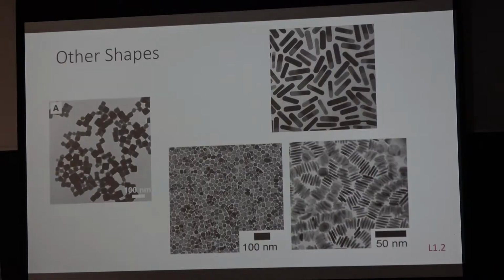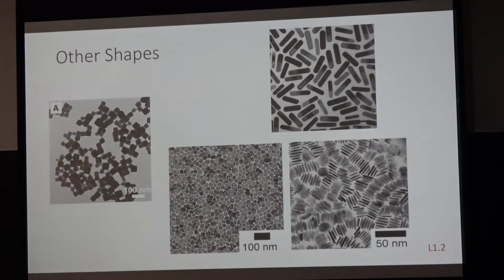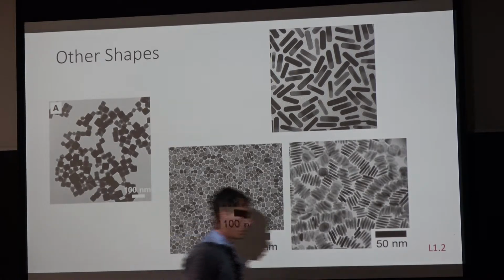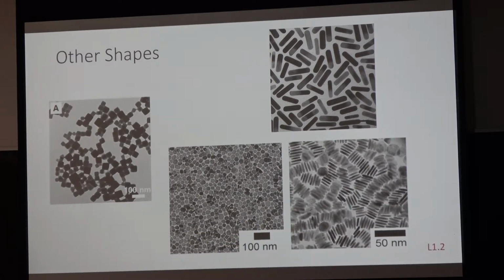So what about some of these other systems, right? What if we had a square or a cube or a rod? So we can do the same thing for some of these.